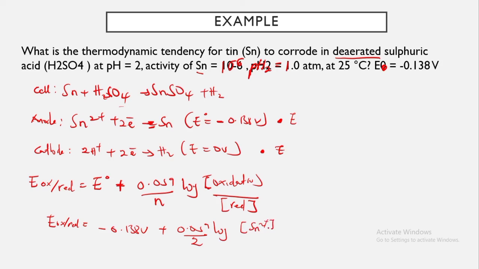Sn2+, then over our reduction is Sn, so Sn. And let's note that the activity of a solid or liquid is 1, so here it becomes 1. So as activity of liquid and solid becomes 1, so here you change it to become what? 1.